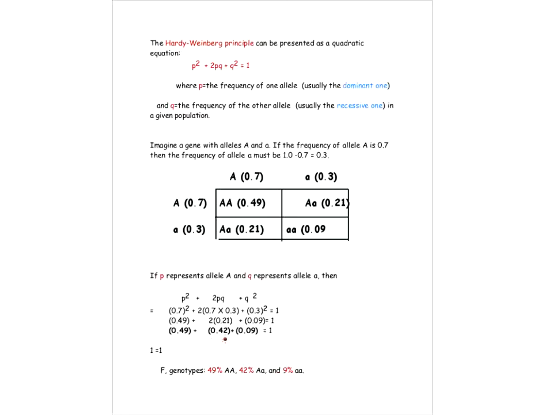And this 0.42 is the probability of getting a dominant and a recessive allele. If we look at the Punnett square, we see 0.21 and 0.21, and when we add them together, that's 42%. So that's how the formula works out when we're doing calculation problems with the Hardy-Weinberg principle. Do you have any questions about that?